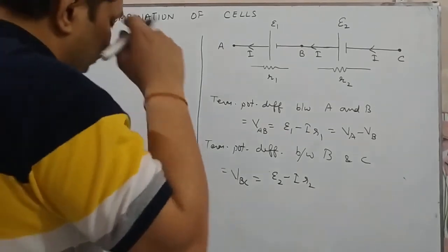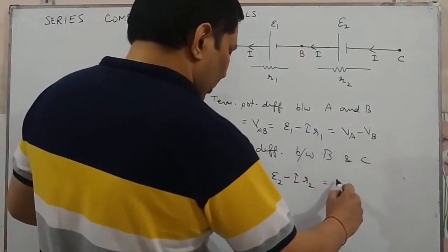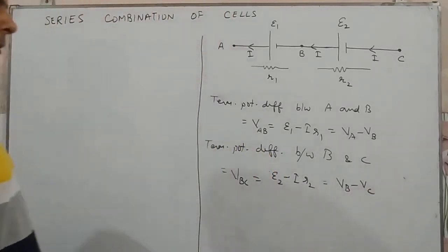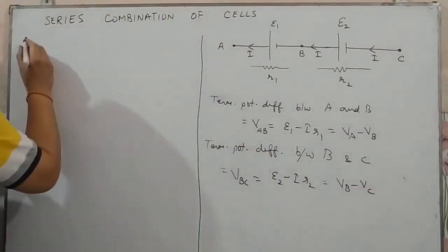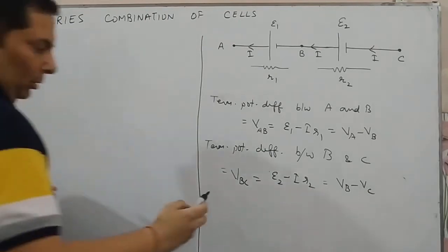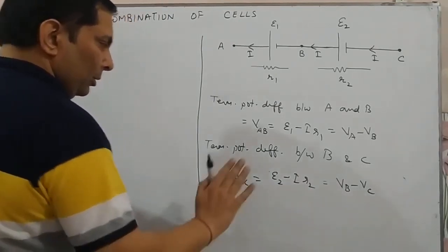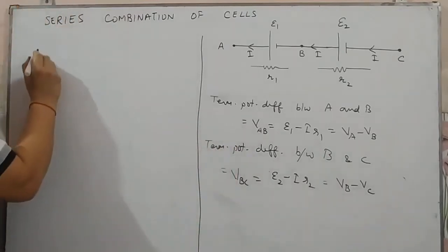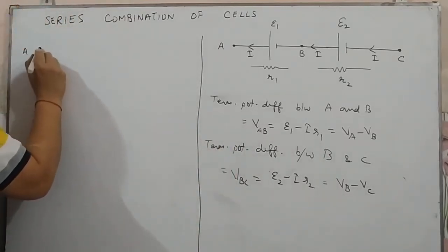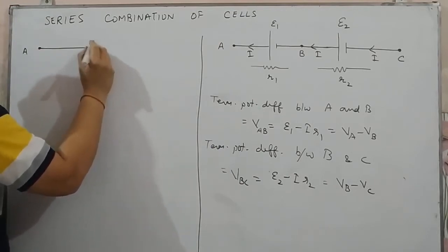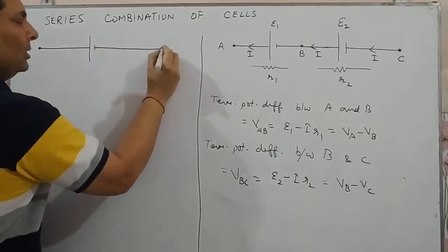Similarly, you can write here, this is equal to VB minus VC. Now, for simple cases, you can assume that between points A and C we have connected a single cell.